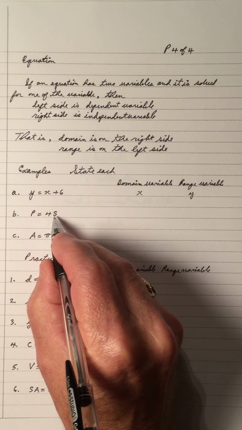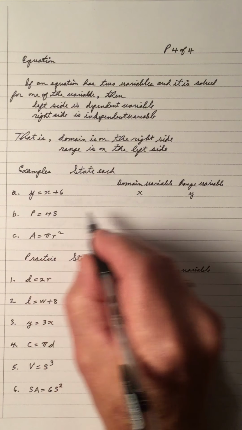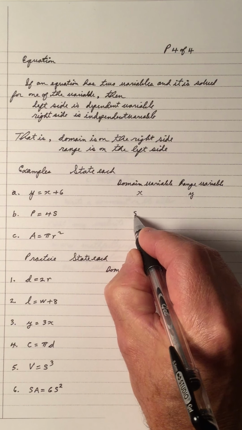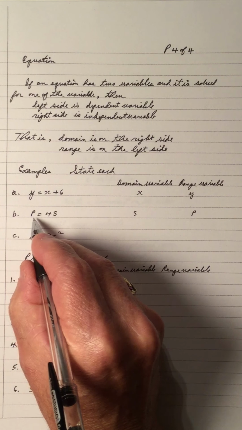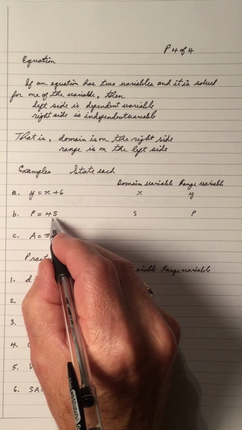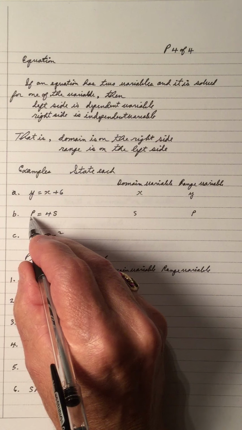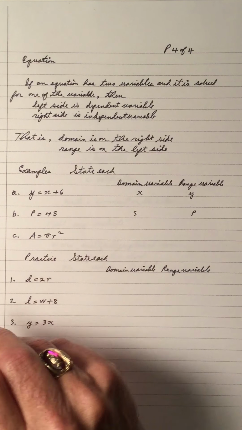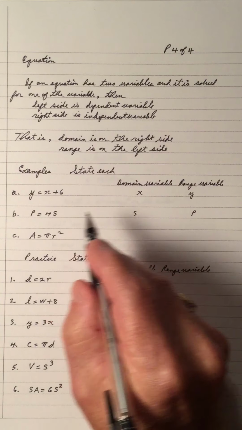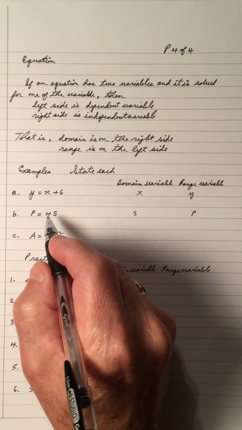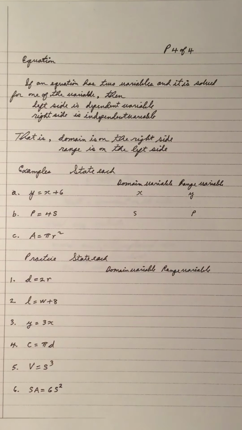P equals 4s. S is the domain. P is the range. If you think of the perimeter of a square, then the perimeter, P, depends on what the length of the side is. So the left side is the range, the right side is the domain.